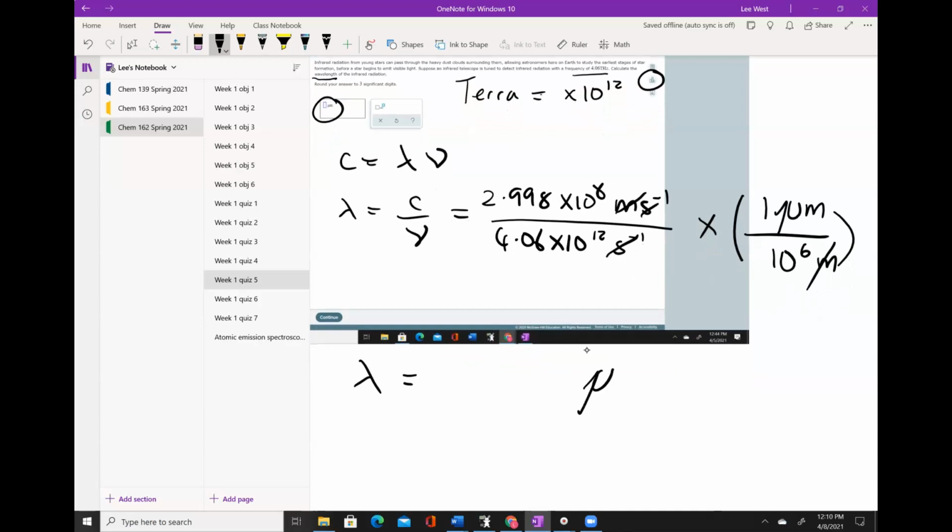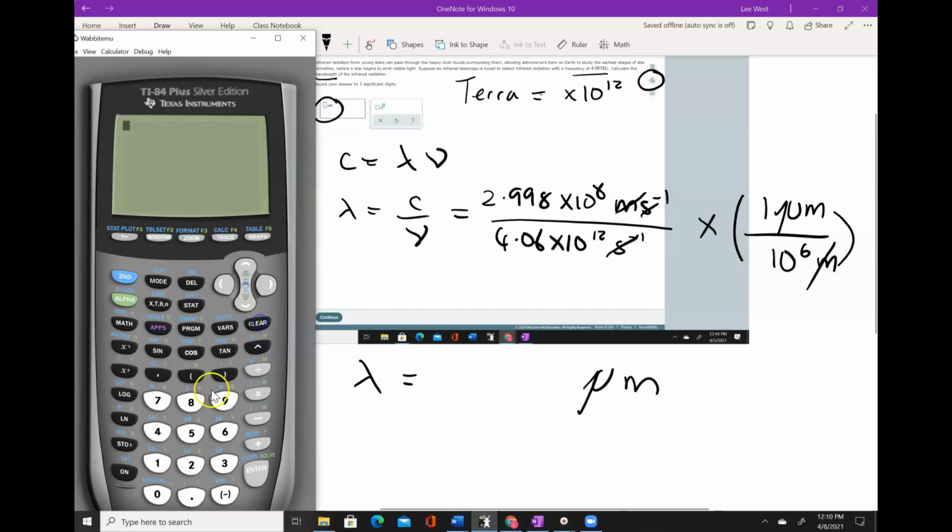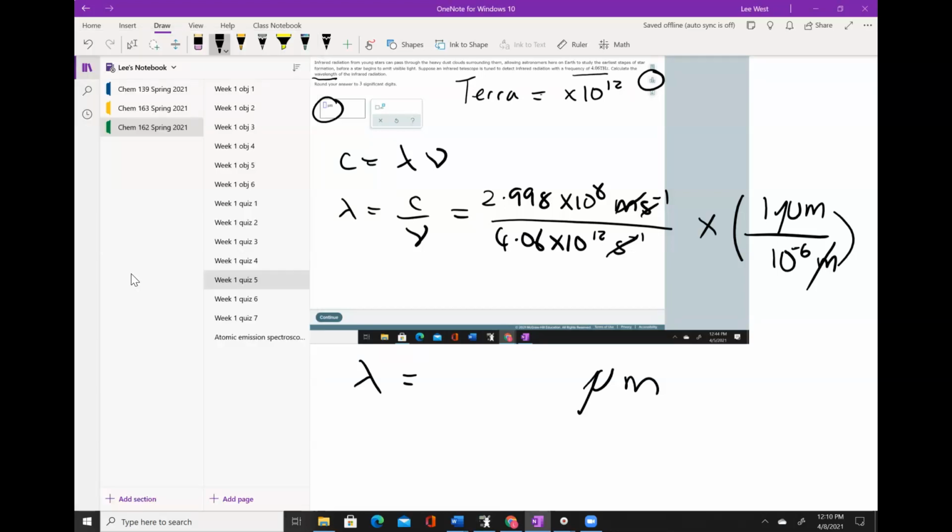So our wavelength in micrometers to 3 significant figures, let's do it: 2.998 by 10 to the 8 divided by 4.06 by 10 to the 12 times 1 on 1 by 10 to the, almost made a mistake here, it's minus, isn't it?